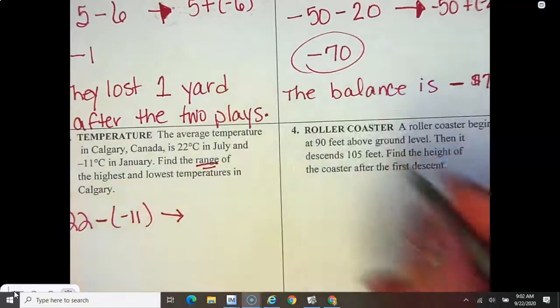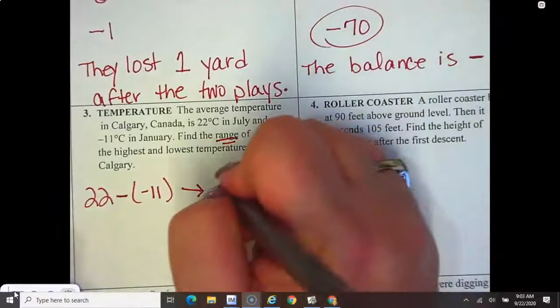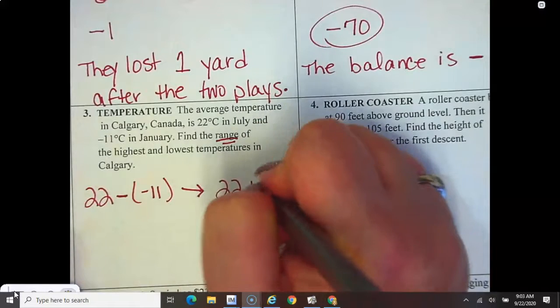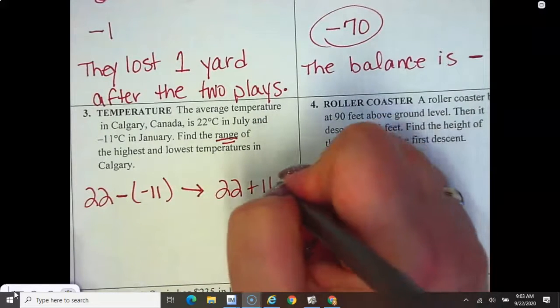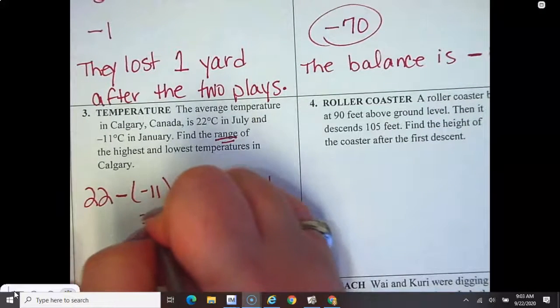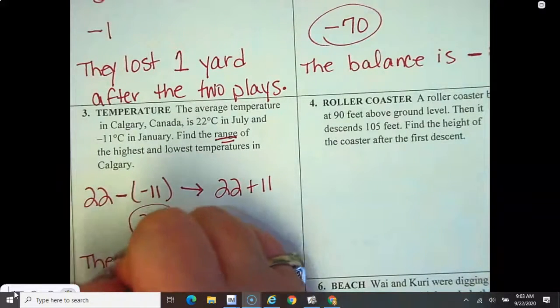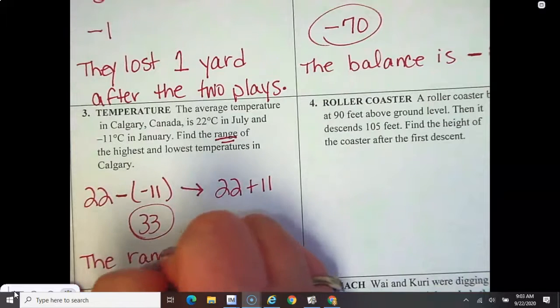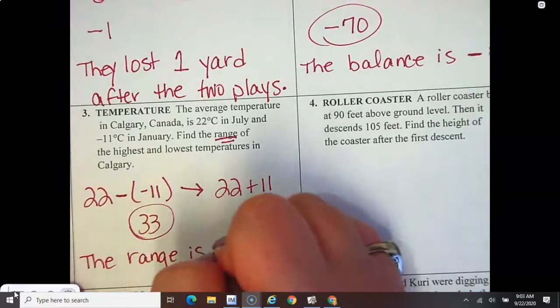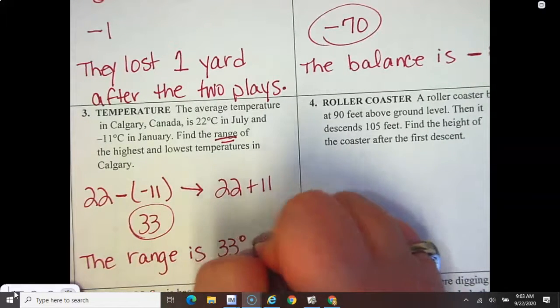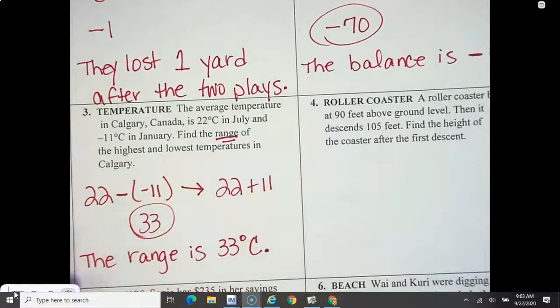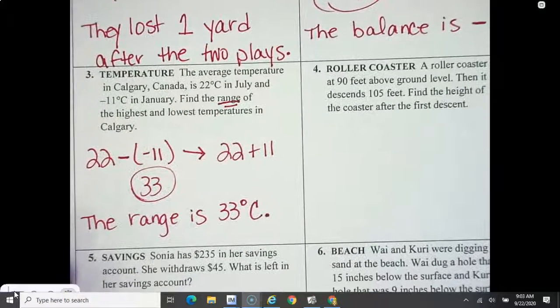Rewrite that as addition, and that becomes what? 22 plus 11, and that equals 33. The range is 33 degrees Celsius. Use units, capital letters, punctuation. The range is 33 degrees Celsius.